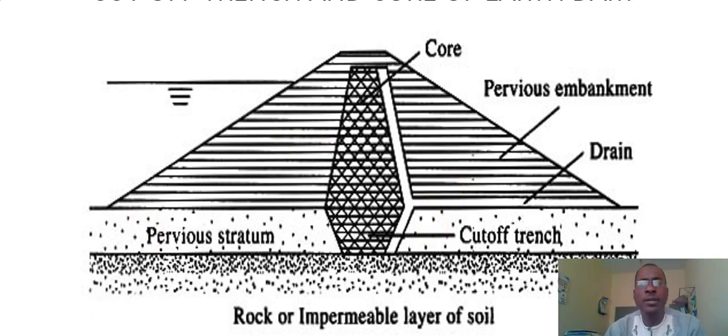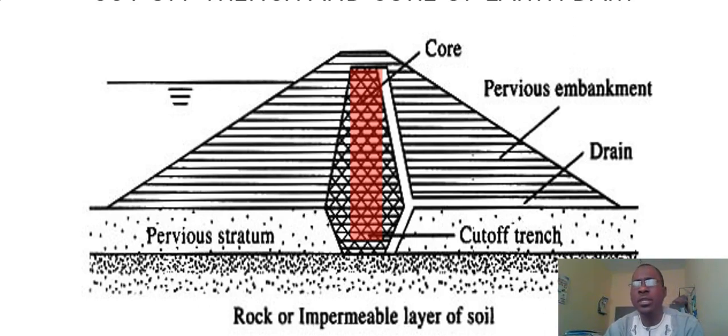This is another embankment. You can see that this is the core of the area, which is normally used for the cutoff trench, which is the core that holds the embankment.